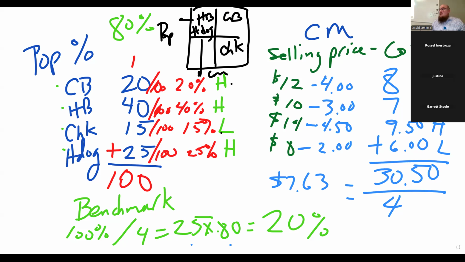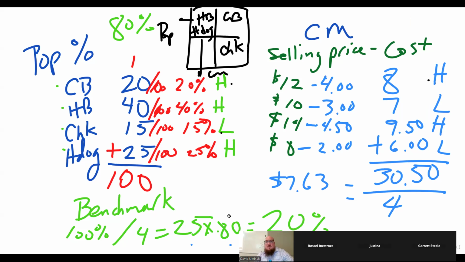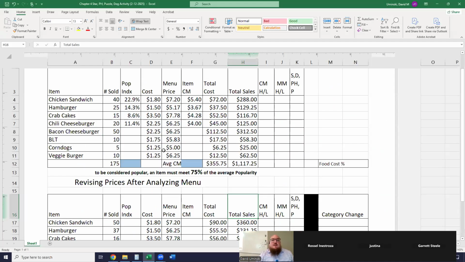So really quickly, we just created our 4-item menu and did a quick analysis on it. So now let's go to our page over here and let's work on this together. Okay. So you'll notice I've already done the first 4 popularity percentages for you.